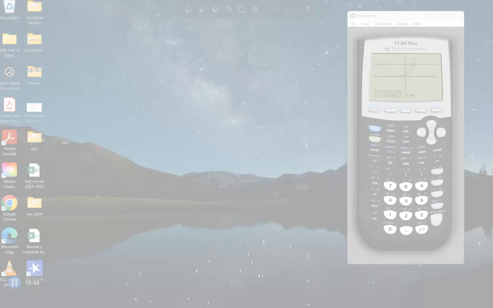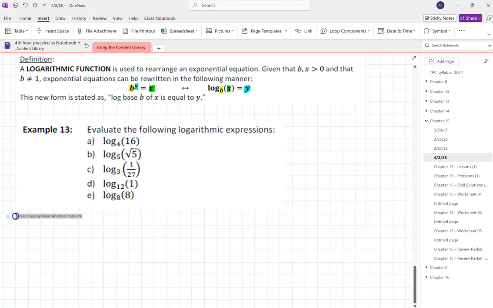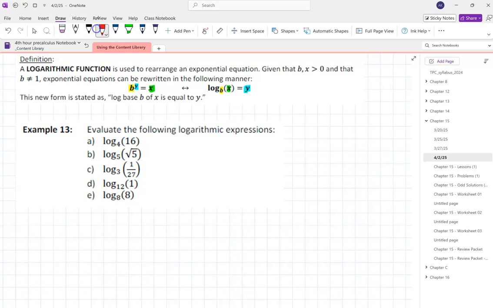Let's do some examples here to evaluate some logarithmic expressions. So what I'm going to do is start by writing log base 4 of 16 as a logarithmic equation by saying that's going to equal y, just like we did up here.